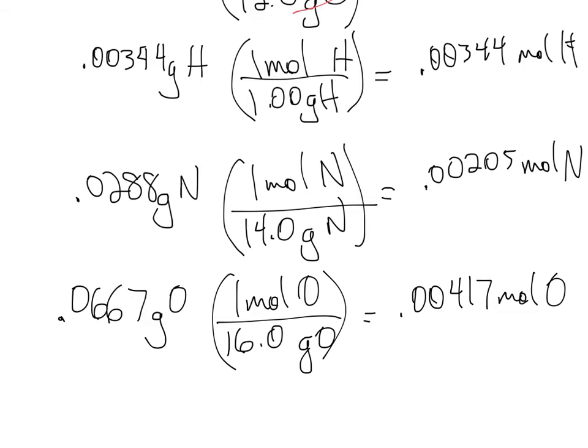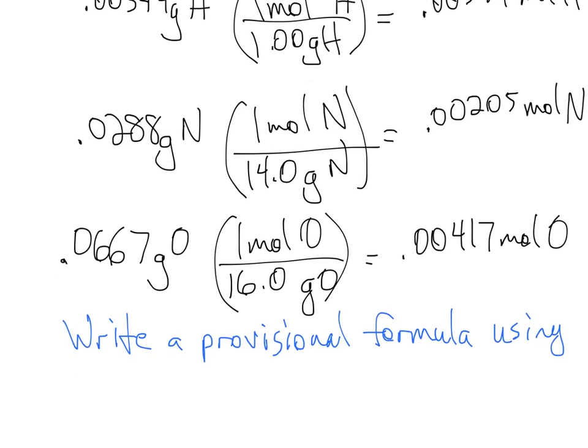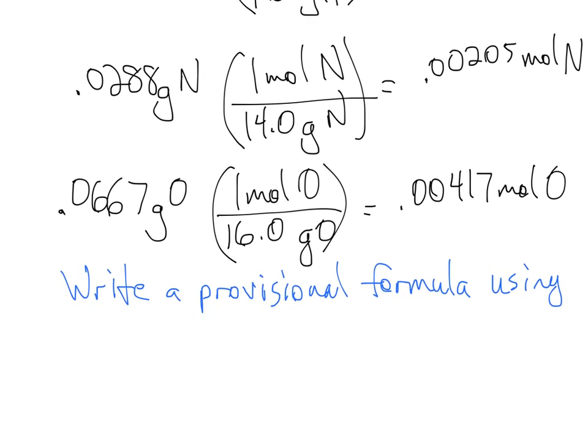Moles of carbon, hydrogen, nitrogen, and oxygen. Next, we're going to write a provisional formula, using decimals as subscripts, which of course is not proper in format, but we'll fix it in the end.